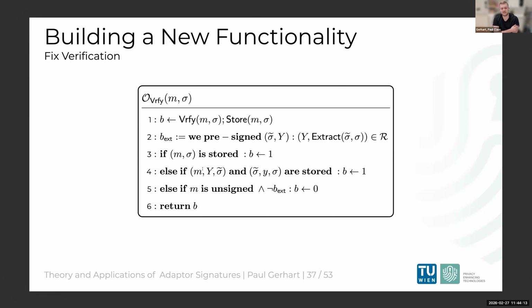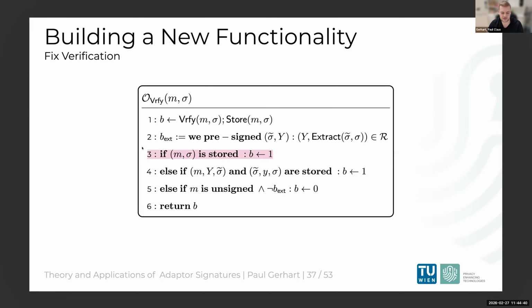For the verify oracle, it's a bit more involved. So first, we're checking if we can extract this signature that should be valid with respect to any pre-signature we pre-signed. Again, important, we consider only pre-signatures we pre-signed because extractability says the signer should be able to extract. Then we look if (M, sigma) is already stored, which means it was either verified or signed before.